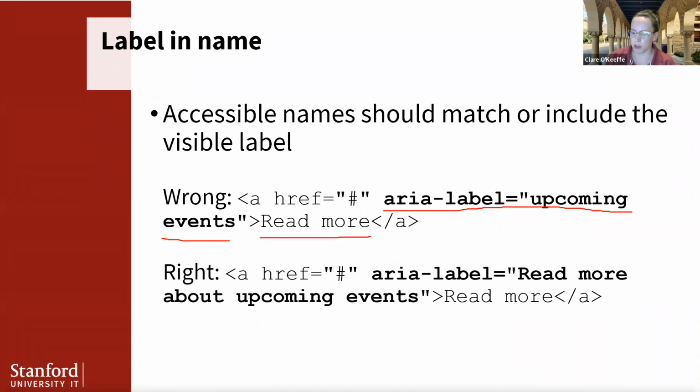But if the aria-label is only upcoming events, then their assistive technology doesn't see a link called read more, and that command won't work. So you need to include the visible text inside of the accessible name, so that it could be read more about upcoming events. Not just upcoming events, include that visible text.